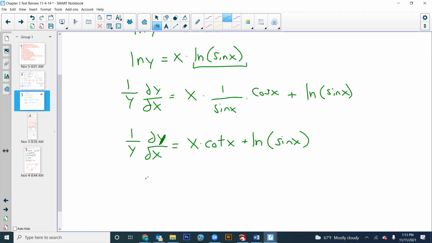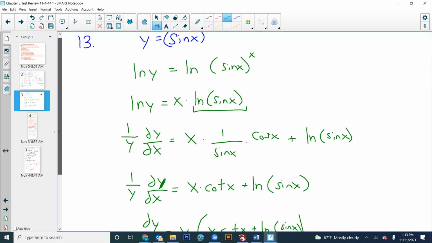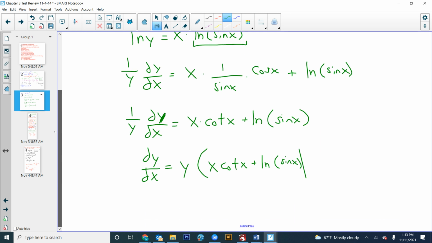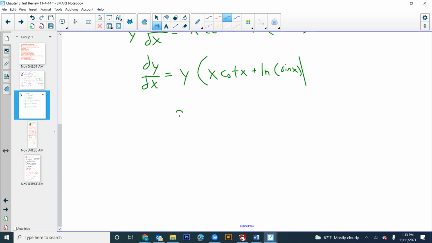Multiply by y every time, so it's y times the whole thing. The last step is to plug in what y was equal to. y was equal to sine of x to the x. So we get sine of x to the x times x cotangent x plus ln of sine of x.